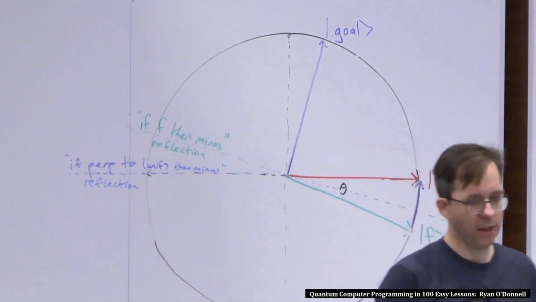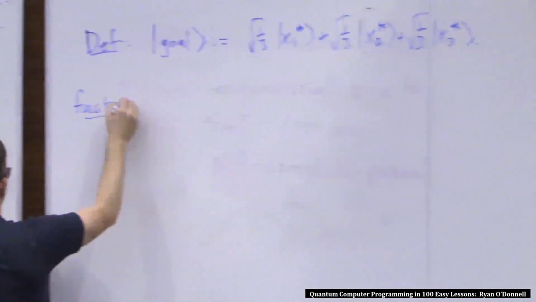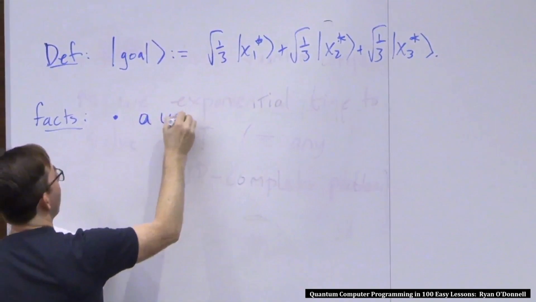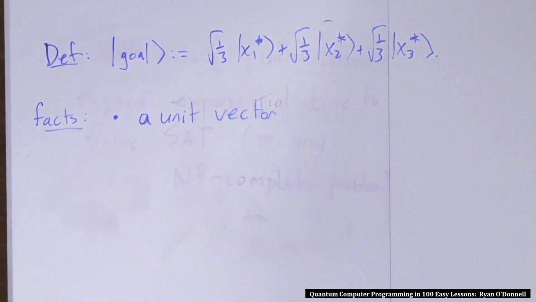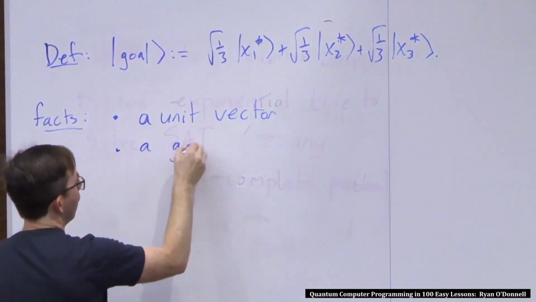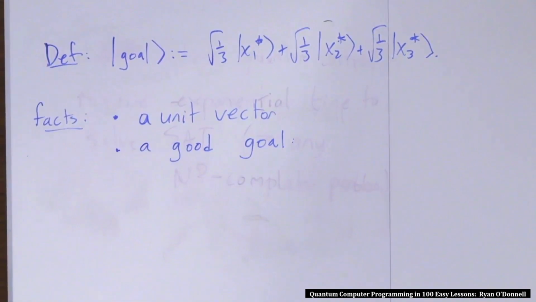So let's write down some facts about this vector. First of all, it is a unit vector. So the sum of the squares of the amplitudes is 1, like it should be. So it's a proper state. And it's also like a good goal, because suppose we manage to get our quantum state to be exactly ket goal.